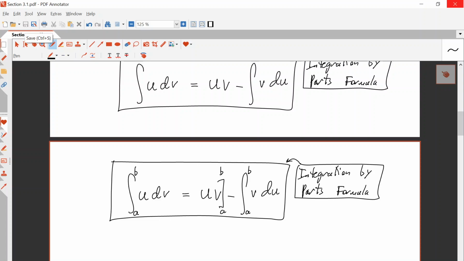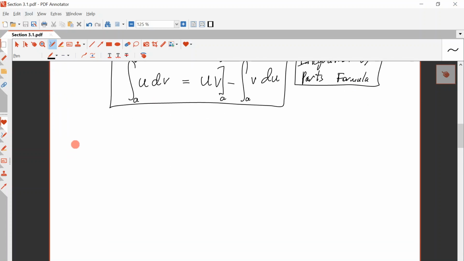So here is a nice example, and this allows us to do antiderivatives of lots of functions that we have not really been able to do yet. So, for example, let's do the antiderivative of x cosine x dx.